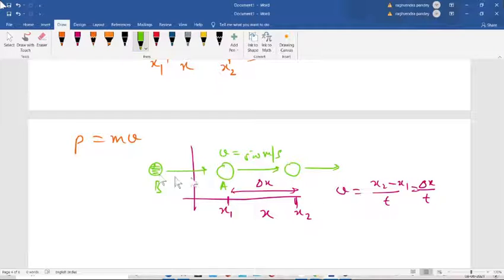But when it strikes, it will change its position. Also, after striking, because the ball is in motion, it can change the velocity, because they have comparable energy. Both are tennis balls. So when a tennis ball strikes another tennis ball which is going in some direction with some velocity, it will change the velocity.